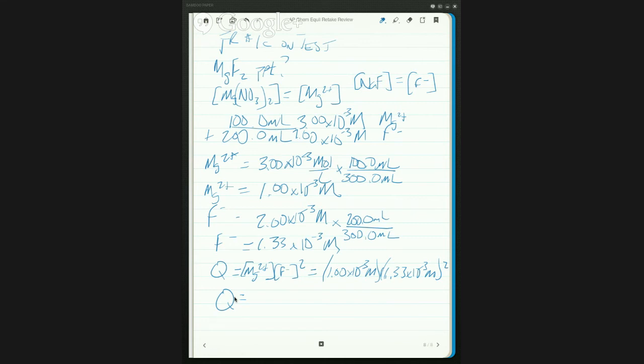So 1 times 10 to the negative third times 1.33 times 10 to the negative third squared, and that should give us the almighty, what do I get here? My calculator says 1.77 times 10 to the negative ninth, okay?